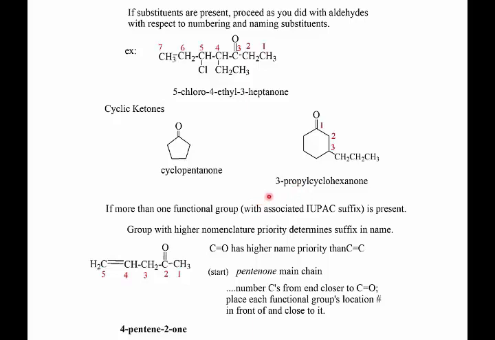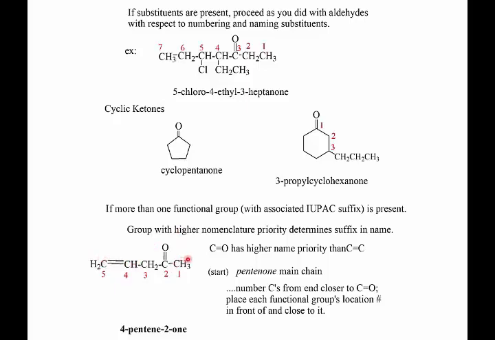Well, the issue then becomes, how would you name that compound? Let's look at an example of this one here. This has 2 functional groups, the ketone group and the alkene group. The question is, should you name it as an alkene with a ketone in it, or should you name it as a ketone with an alkene in it?